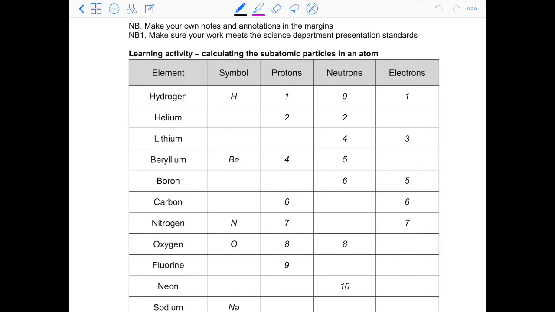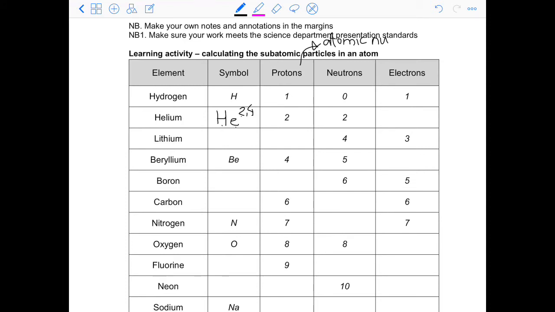So for example, let's do helium. Helium, I know the symbol is He. Remember that it's always a capital first letter and a lowercase second letter, if there is a second letter. I look on my periodic table and helium has a 2 and a 4. So I know 2 is my atomic number, which is my protons. So my atomic number is 2.